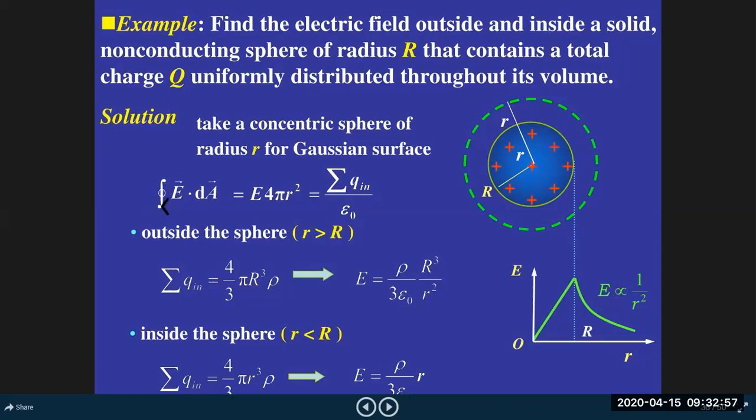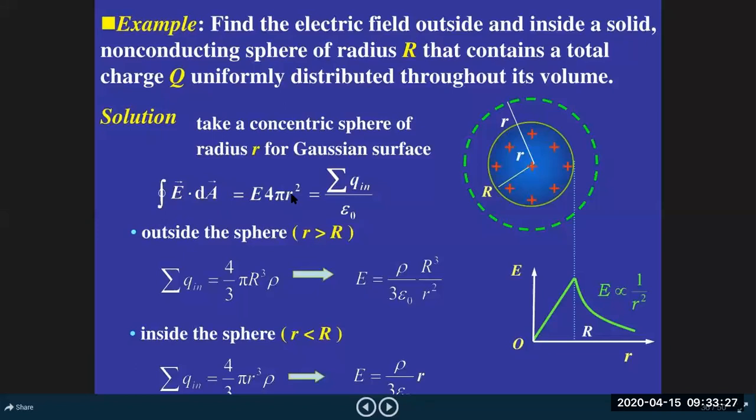As it is symmetrical, the distance from the center to all points on this surface is the same, that is r. Therefore the electric field remains constant, and only the area is to be integrated. When dA is integrated, it becomes A equal to 4 pi r square. So E into 4 pi r square is the electric flux.